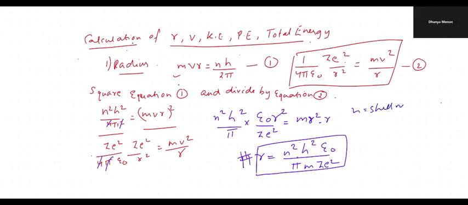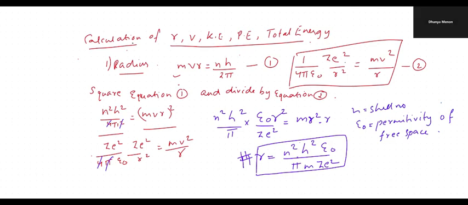Okay, and epsilon naught is a constant which is called permittivity of free space. It is just a constant. They will provide the value.